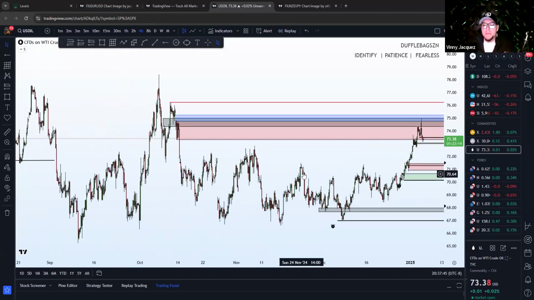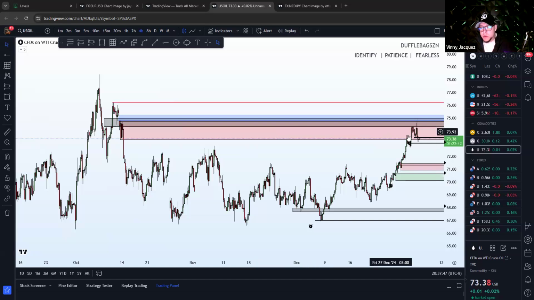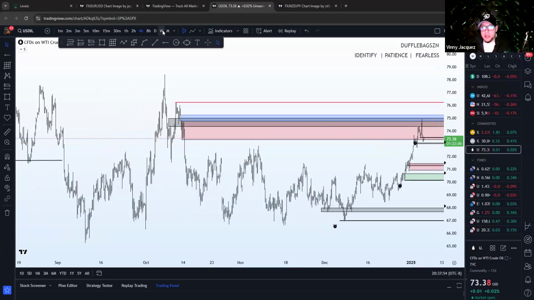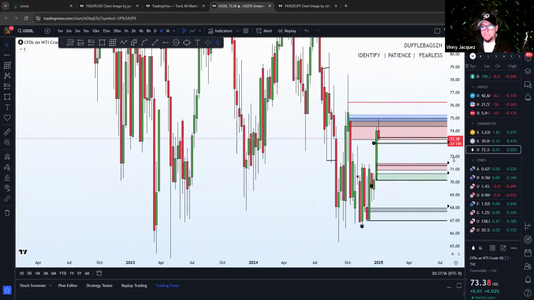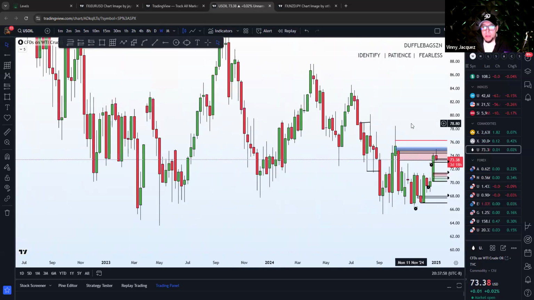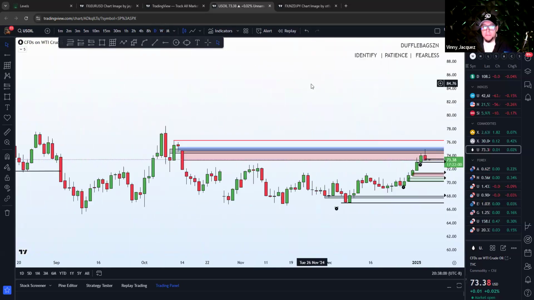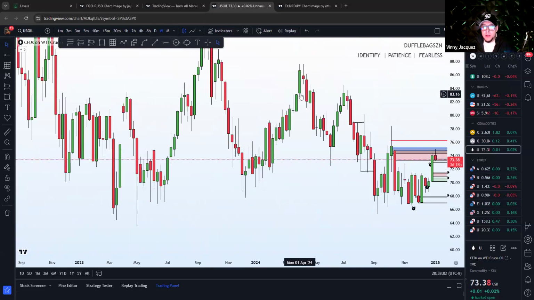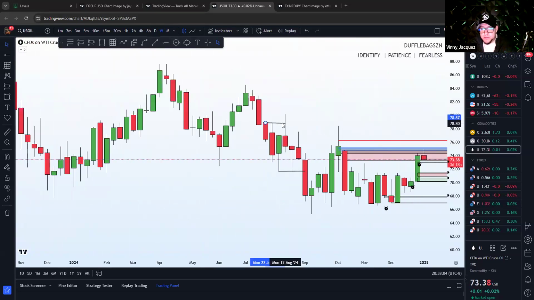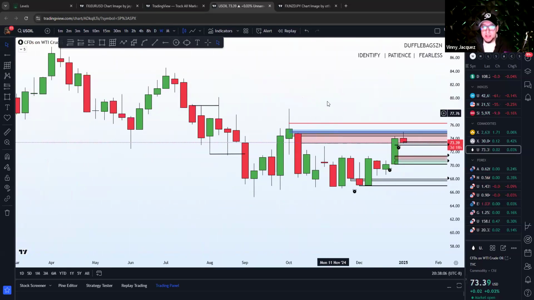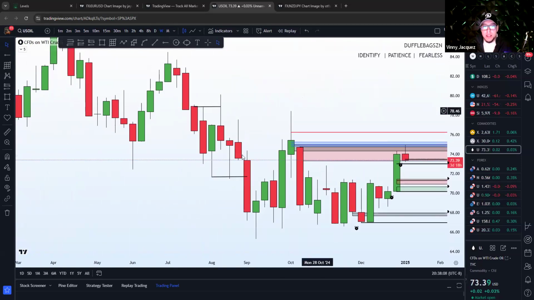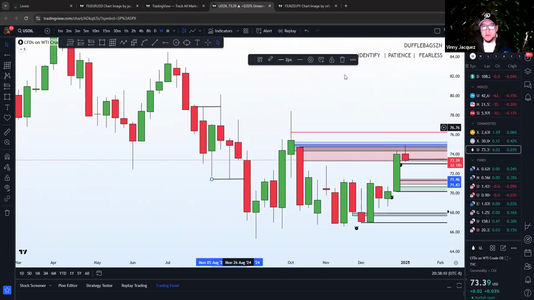But look at this. How can we have predicted the market was going to reject off of this zone? How can we have expected this? Well, let's go to a higher time frame. Let's go back to the weekly. Look at how easy the structure is.